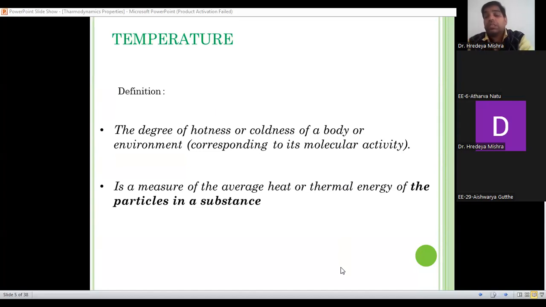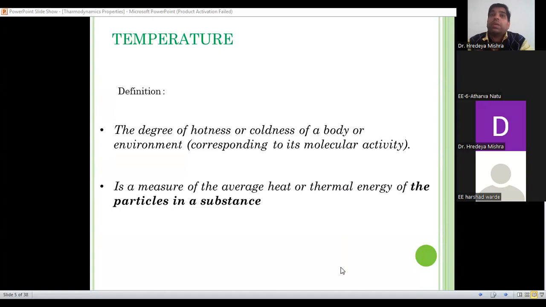So why is heat energy involved? When we provide heat, like heat is required for cooking food, heat is required to maintain our body temperature.